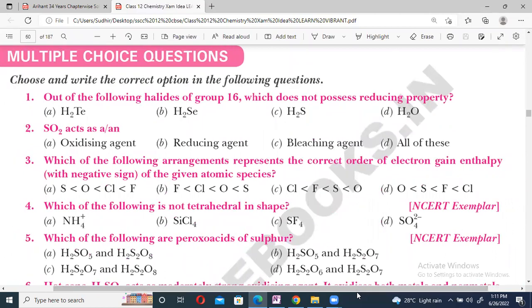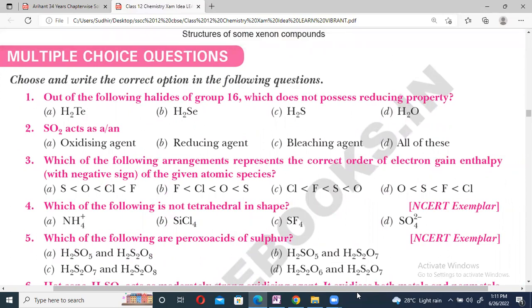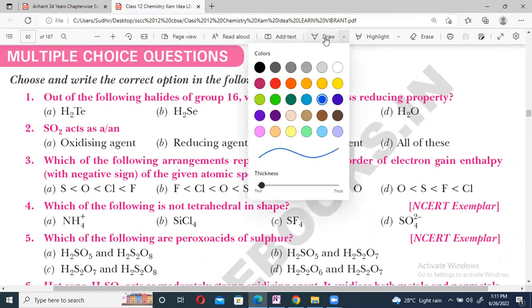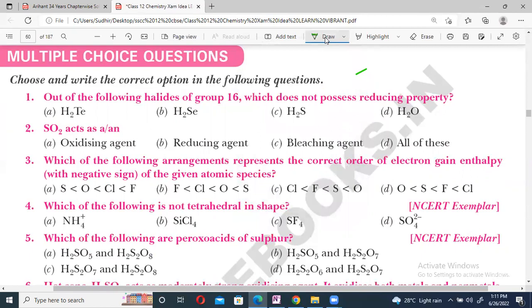Of the following halides of group 16, which does not possess the reducing property? If you know about that, option D, that is water, does not act as a reducing agent, right?